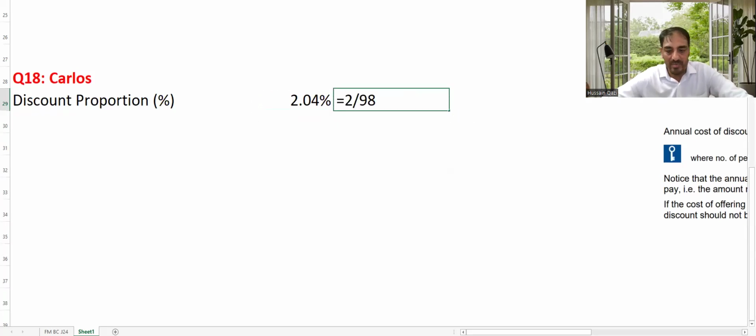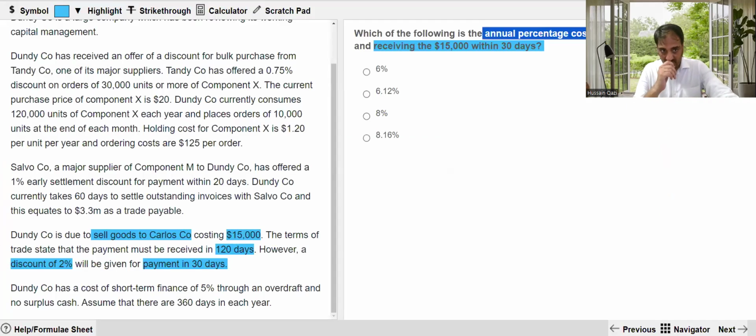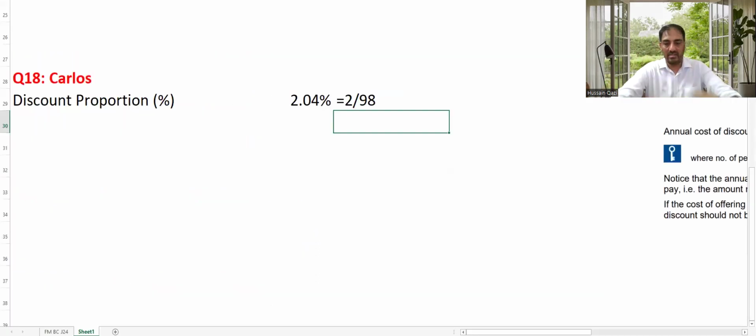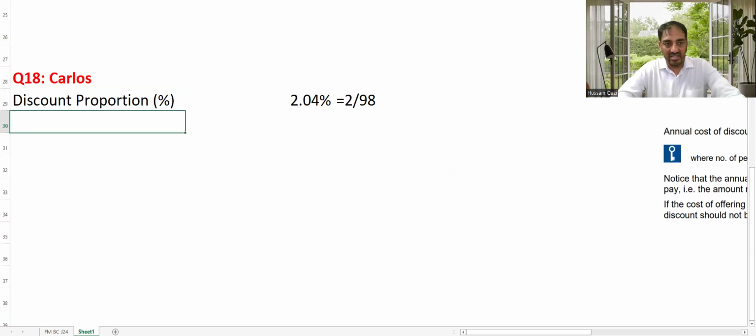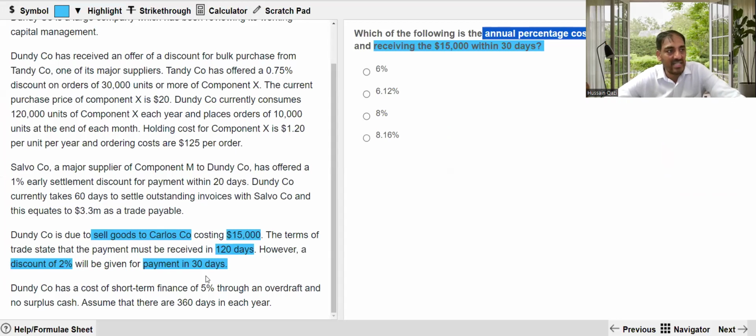Do remember that this proportion of 2.04%, that is 2 over 98, is for the saving period, meaning the cycle. That is about 120 minus 30.